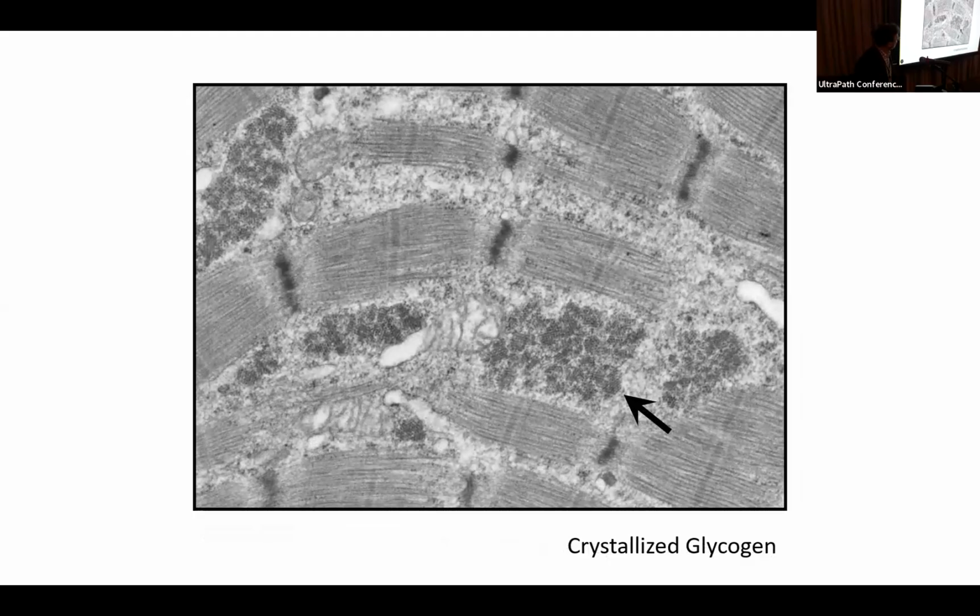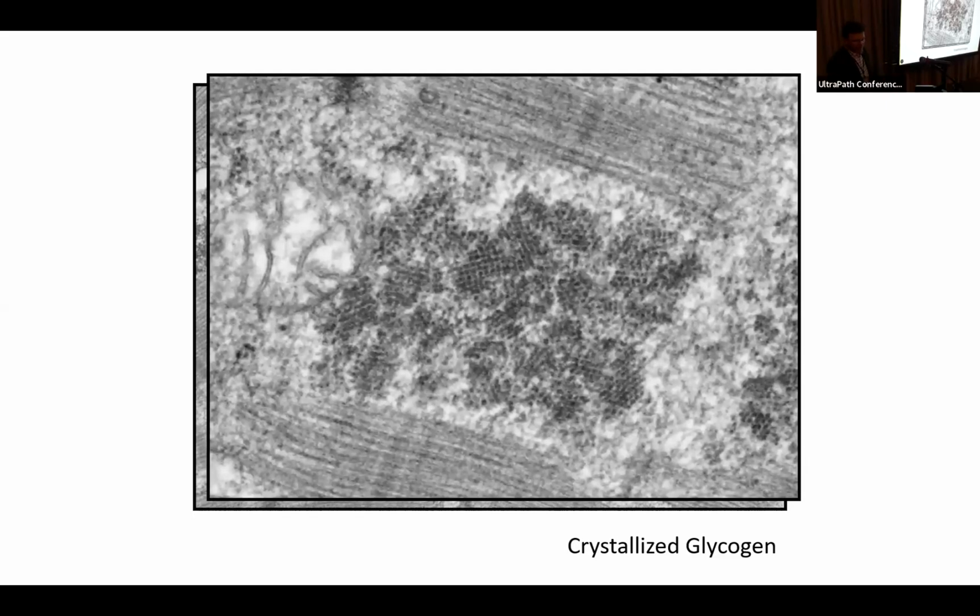And then one of the questions that comes up occasionally in consultation concerns the identification of this substance, which can often be mistaken for virus. This is a crystallized form of glycogen that's mostly encountered in skeletal or cardiac muscle, especially when it's obtained at autopsy.